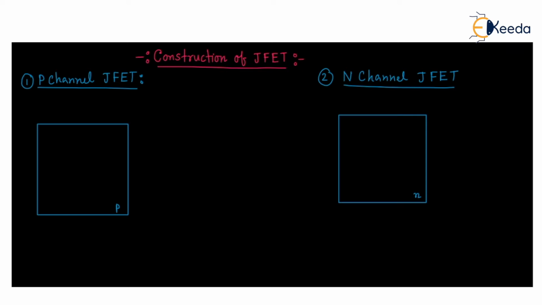Now, within this P-type substrate, there is a region here which is highly doped N plus region, and similarly there will be another highly doped N plus region. Now there will be some metal connection here.